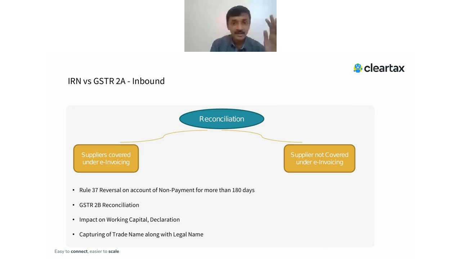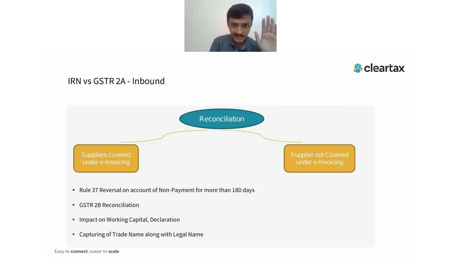The 300 crores person will give a normal tax invoice, which is not an IRN, which is not an e-invoice, which will not have any IRN or QR code. Now, as per section 16, I would be eligible to claim the credit only if I have a proper tax invoice with me. So now this invoice, which is not an e-invoice, is a proper document.